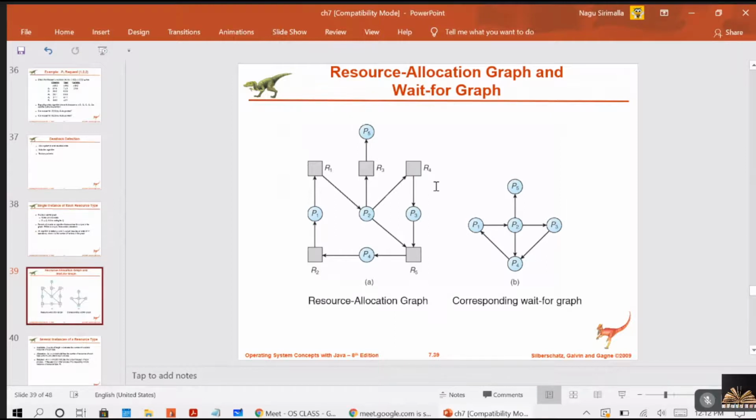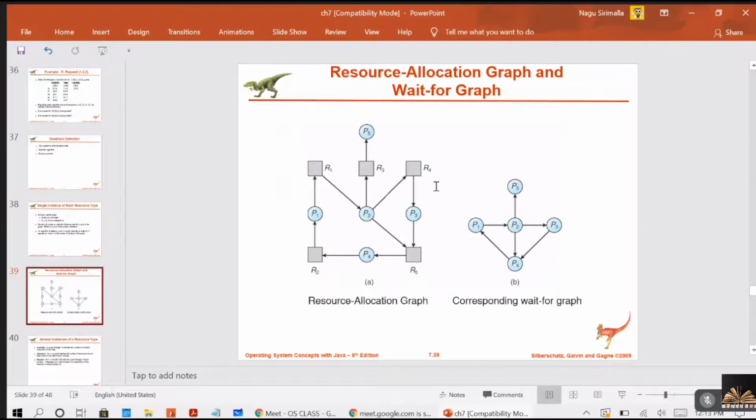To detect deadlocks, the system needs to maintain the wait for graph and periodically invoke an algorithm that searches for a cycle in the graph. An algorithm to detect a cycle in the graph requires an order of n squared operations, where n is the number of vertices in the graph. This point you should remember.